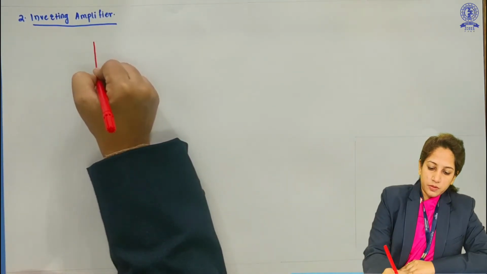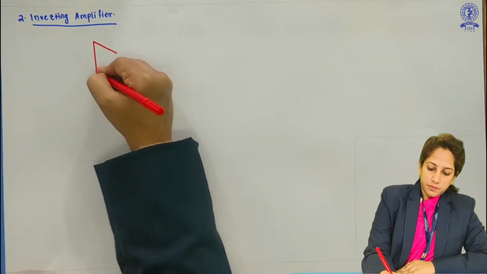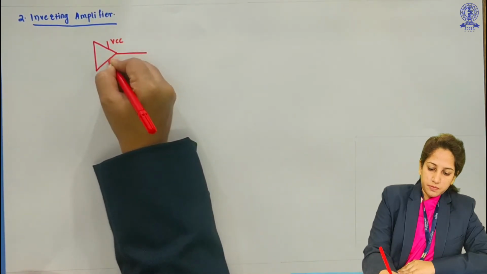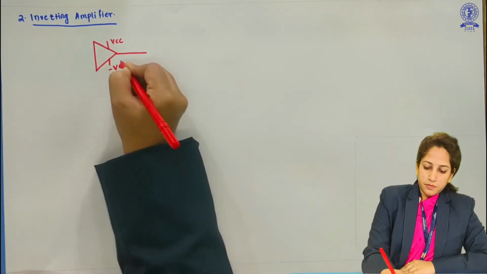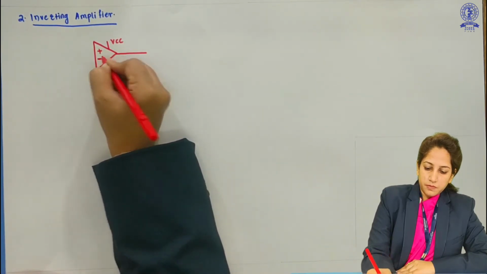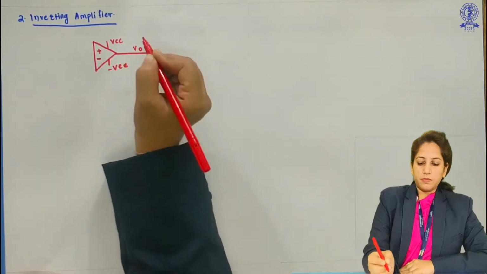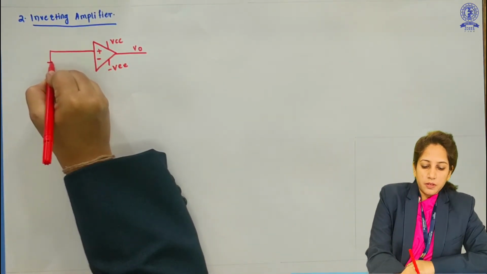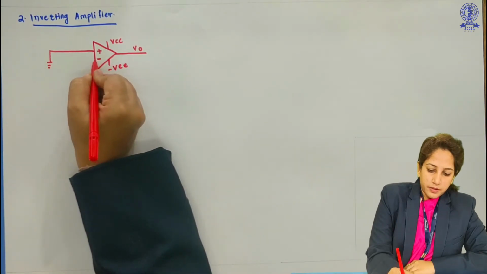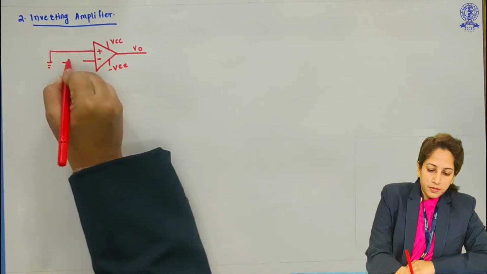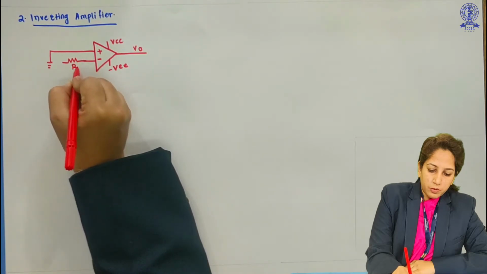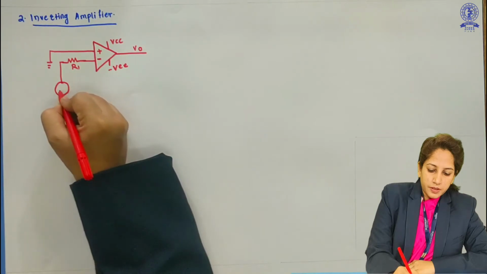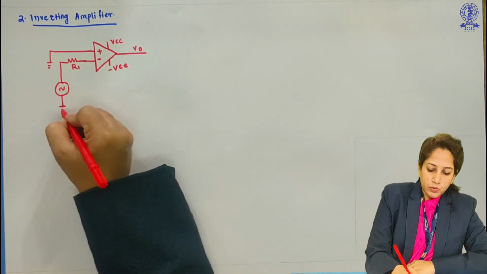So here our non-inverting terminal will be grounded, with resistance R1 here, and here I will be applying a source voltage.